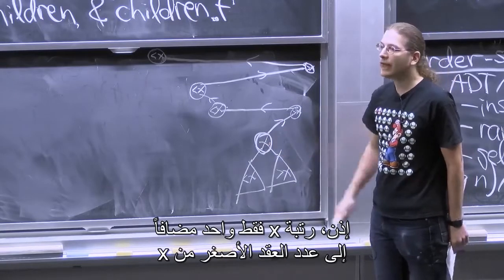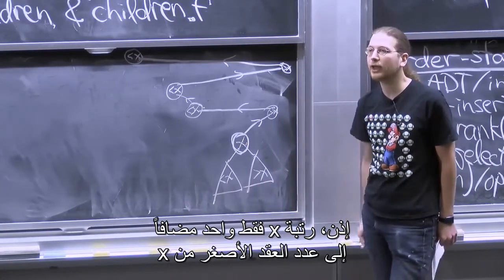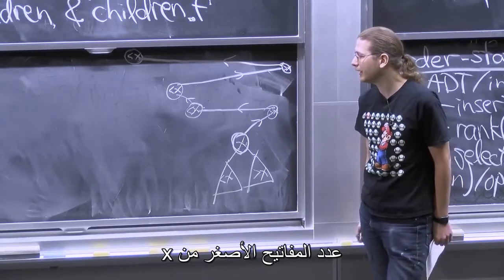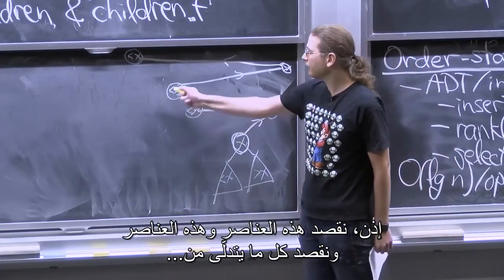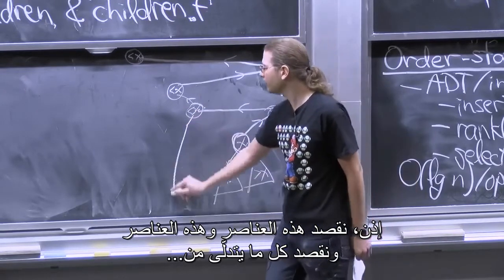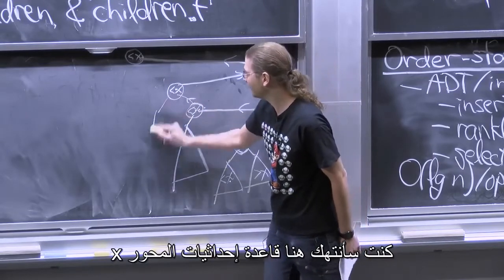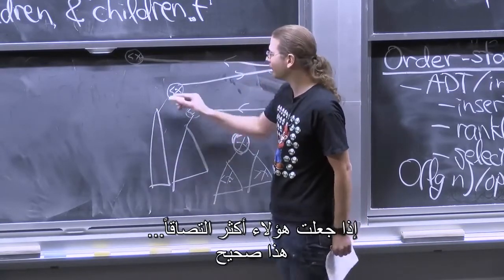So the rank of x is just 1 plus the number of keys that are less than x. So there's these guys, and there's whatever's hanging off. Okay, here I've almost violated my x-coordinate rule. If I make these really narrow, that's right.